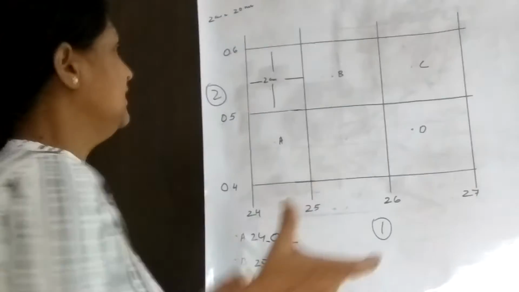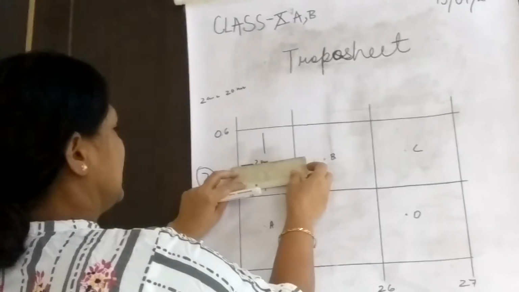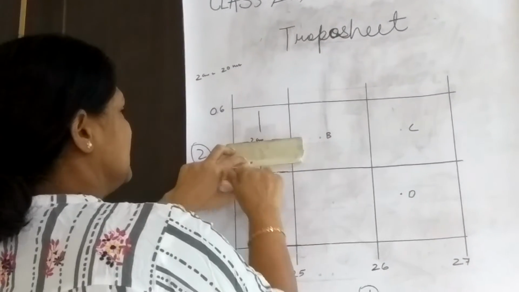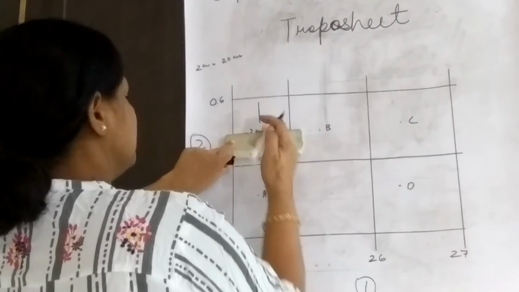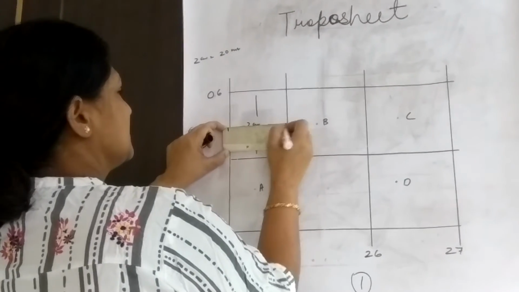We take the scale and keep it exactly like this, and we measure exactly when it comes to 2 centimeters.